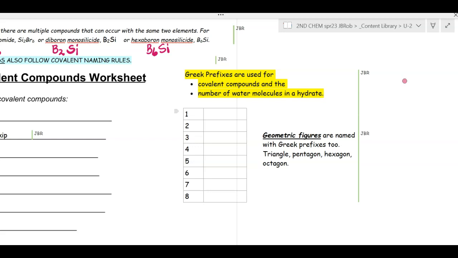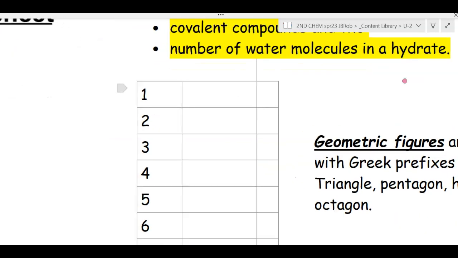For 1, the Greek prefix is mono. For 2, di is the Greek prefix. For 3, tri, like tricycle with 3 wheels.